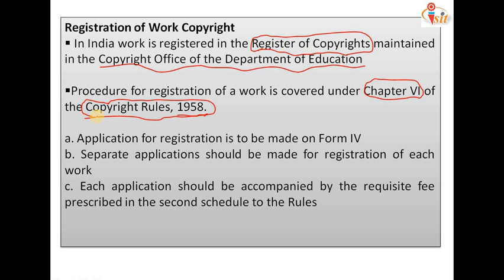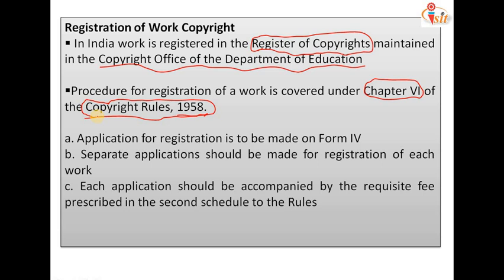Then the application for registration is to be made on form number 4. Which form do we have to fill there? Form number 4 we have to fill to register our copyright.